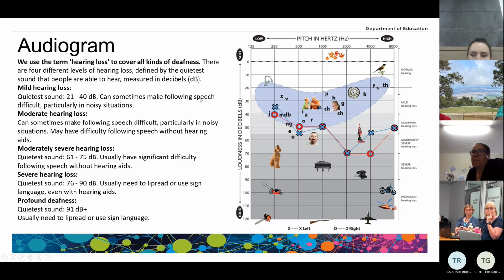You can see at the 4,000 one, the difference between the left and the right ear, whereas the other ones are much more similar. Some kids might have normal hearing in their left ear and then a profound loss in the right. So there are many and varied different kinds of hearing loss that you would see on an audiogram like that.